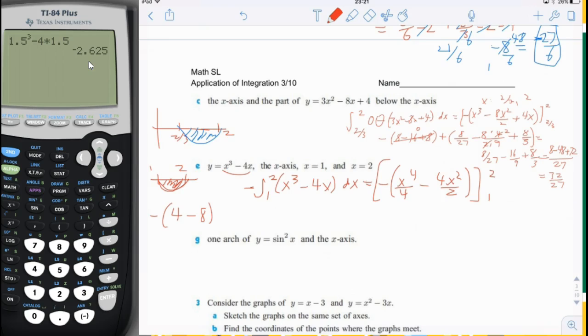And then I got a minus of a negative, and then I'm going to put in 1 into x to the 4th over 4, and then I'm going to put 1 into negative 4x squared over 2, and I'm going to get negative 2. So now I got a 4 minus 8, which is negative 4, negative of that, which is positive 4, and then I have a 1/4 minus 2, which is negative 1.75. Negative 1.75. So the answer is equal to a positive 2.25.